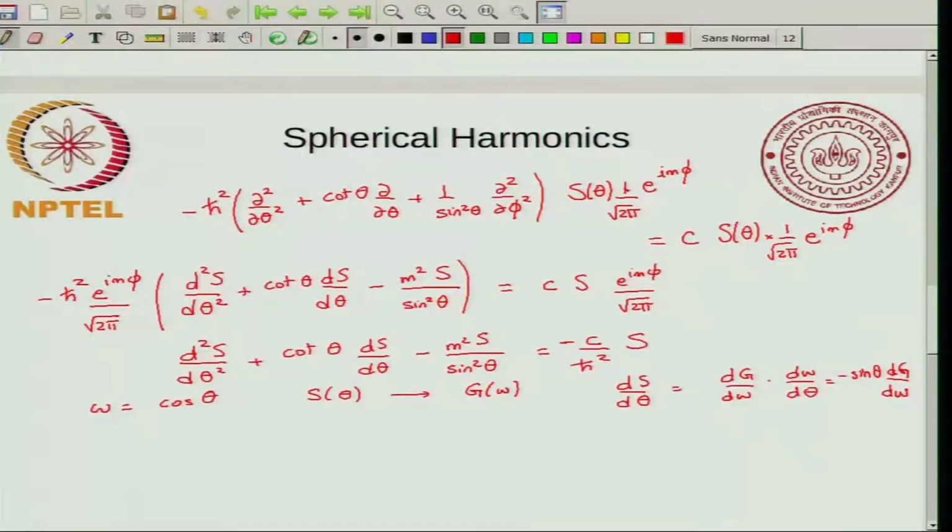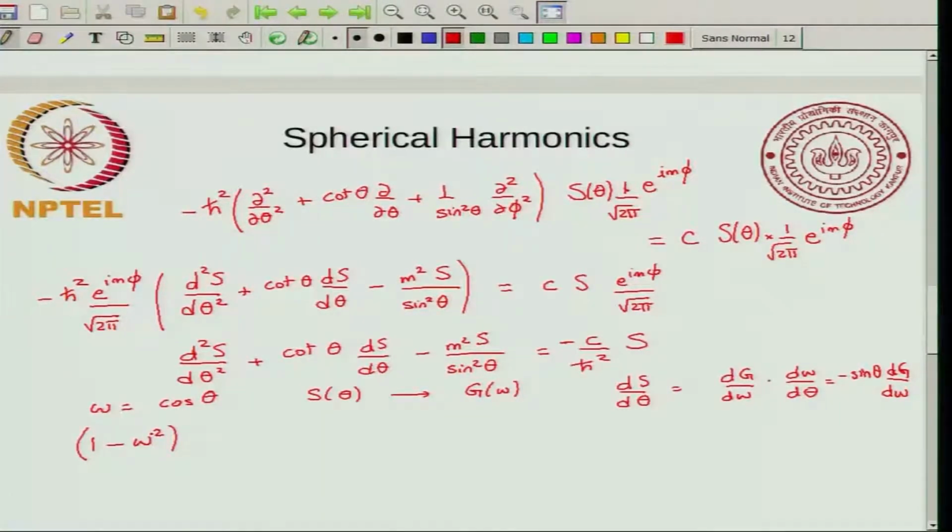I just go ahead and make all these substitutions and put them in this equation. The minus sine square theta, we will find, eventually cancels this factor. So what you will get is a differential equation of the following form. I will just write the final equation; you can easily work it out. You will get 1 minus w square. The sine square theta gives you 1 minus cos square theta.